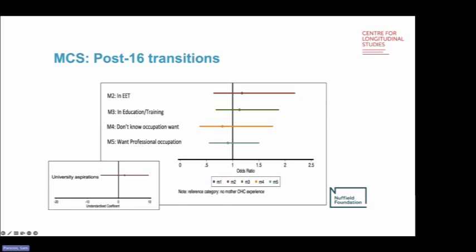And here we can see that the teenage children of care experienced mothers have similar aspirations regarding attending university or entering into a professional occupation, and they are just as likely to be in employment, education or training at age 17 as their peers.